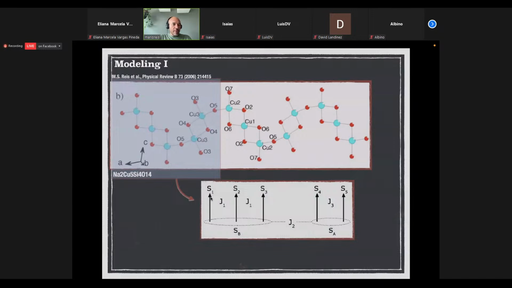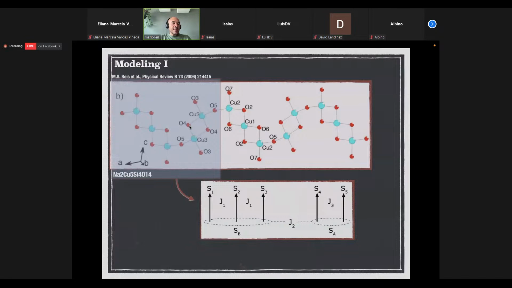The trimer has spins 1, 2, and 3. Because of the angles inside the trimer, we call the interaction J1 inside the trimer. So spins 1, 2, and 3 with magnetic interactions J1.